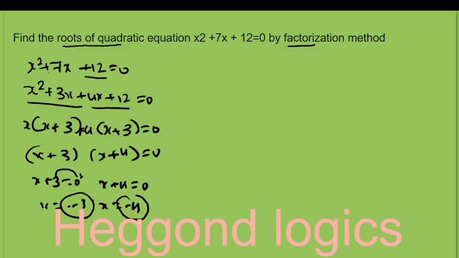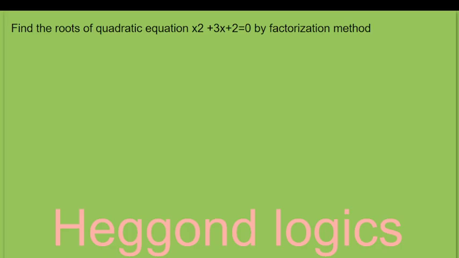Now move to the next question. In this question, find the roots of the quadratic equation x square plus 3x plus 2 is equal to 0, here also by the factorization method. First we write the given equation: x square plus 3x plus 2 is equal to 0.